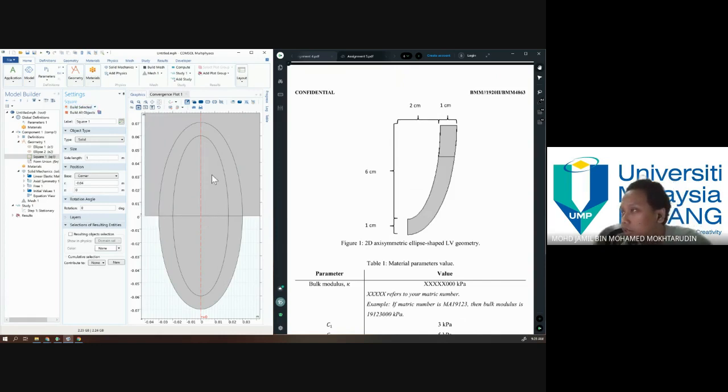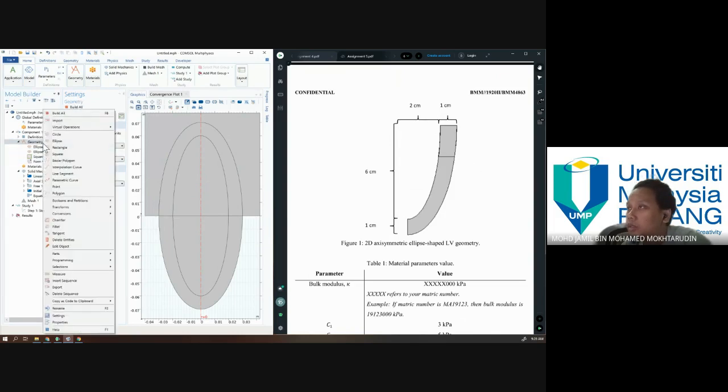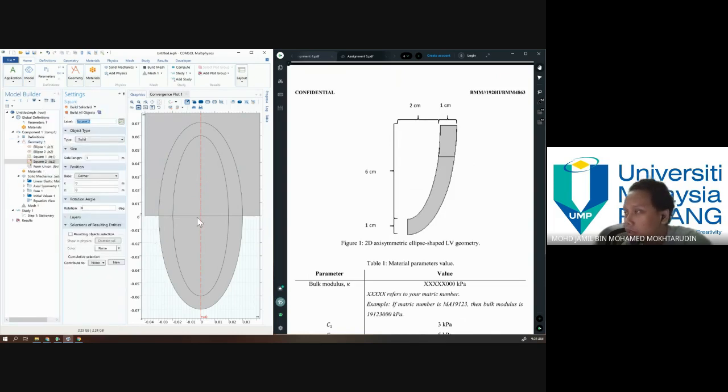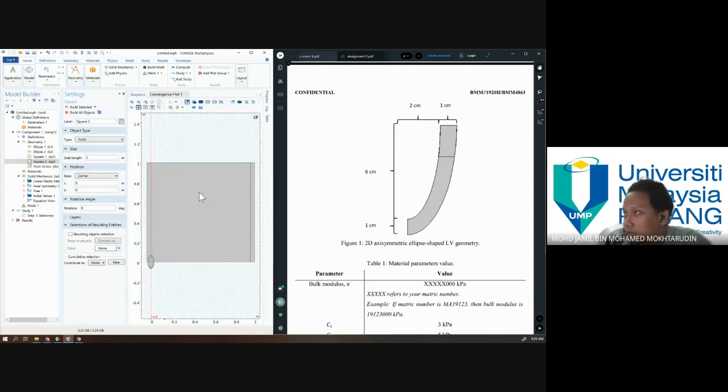So it covers the top half. And then another square to cover the third quarter here. So change the position so that it covers here. So maybe make it small.